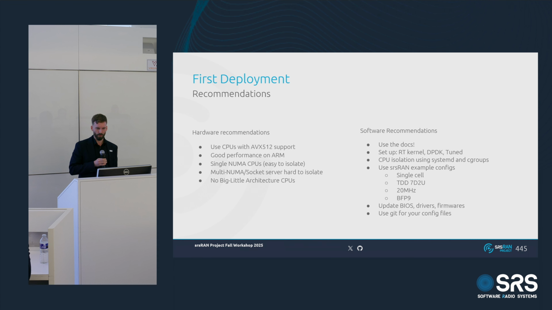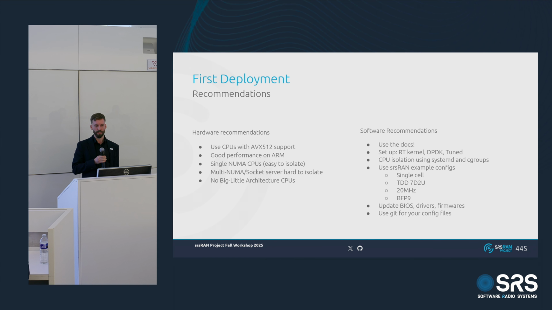From my personal recommendations, if you go with x86, use AVX instructions, for example AVX512. We also perform well on ARM, so this is also something that you could use. If you haven't bought hardware yet, go with a single NUMA CPU and also single socket.